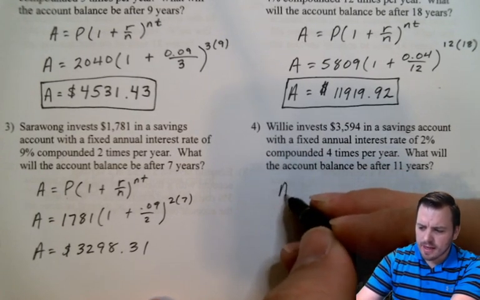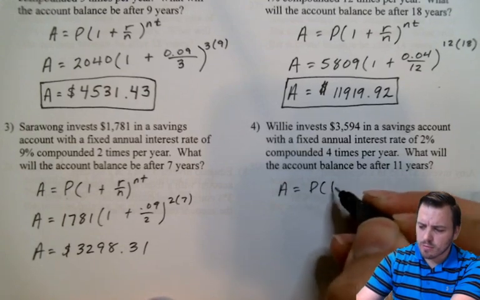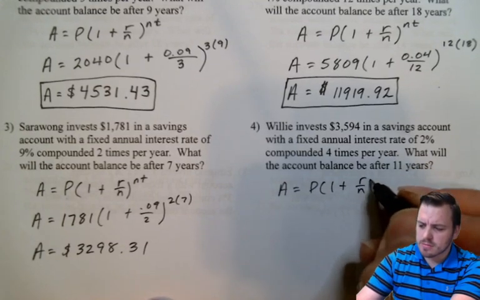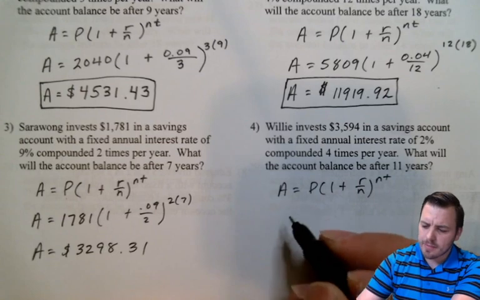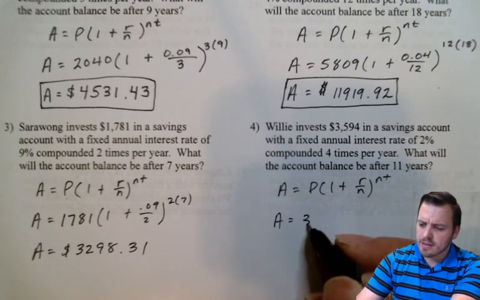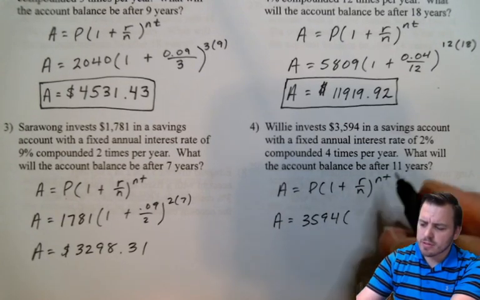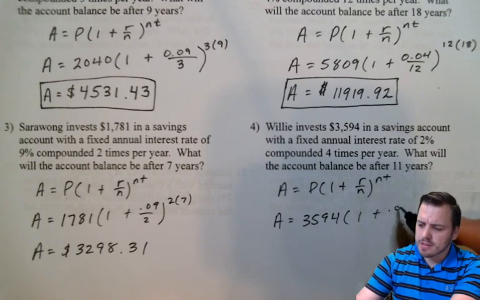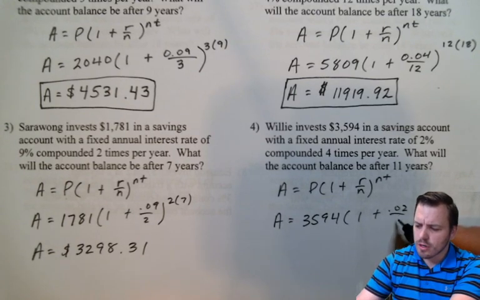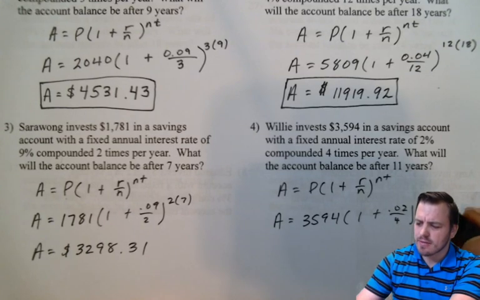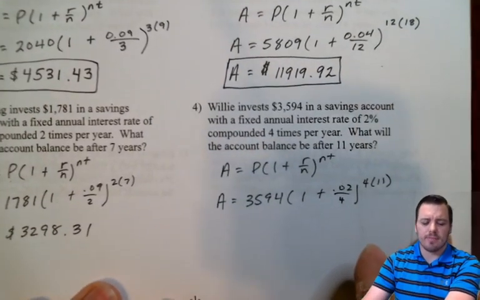A equals P times 1 plus R over N. So he invested $3,594 at a rate of 0.02 compounded 4 times a year, and then 4 times 11. So that should be your setup for that one.